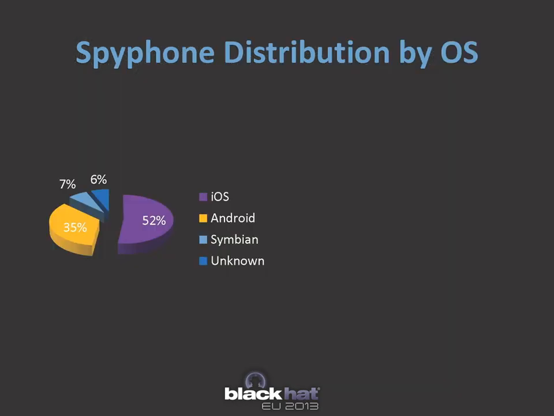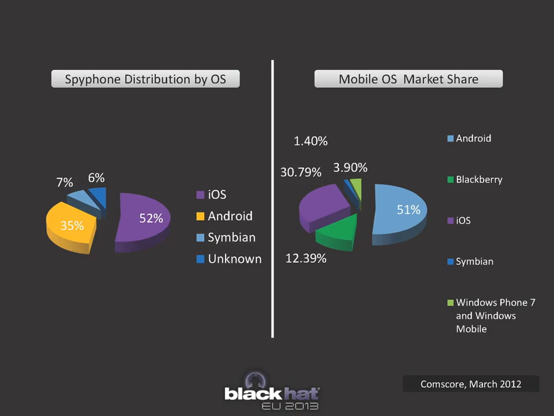Now, another interesting fact from these sampling occasions is that the iOS platform featured very heavily in the spy phones installed. About 52% of the spy phones were on iOS phones, and this is according to the iOS market share, whereas Android usually tends to come out a bit ahead with all the generic Android devices.